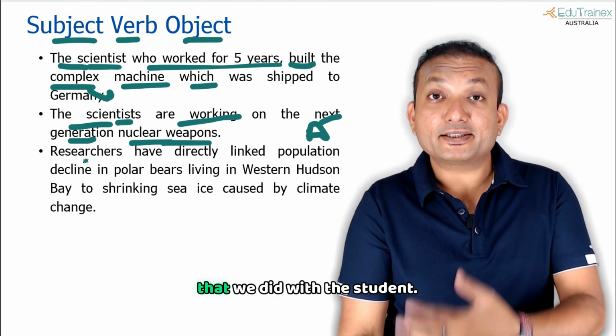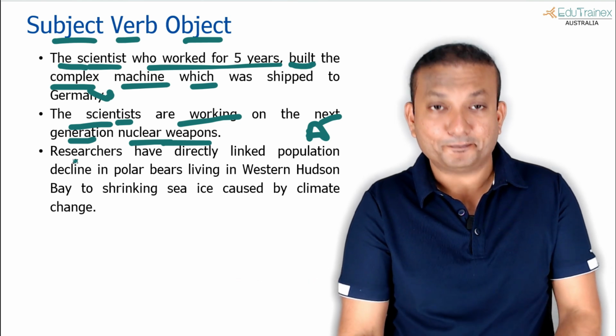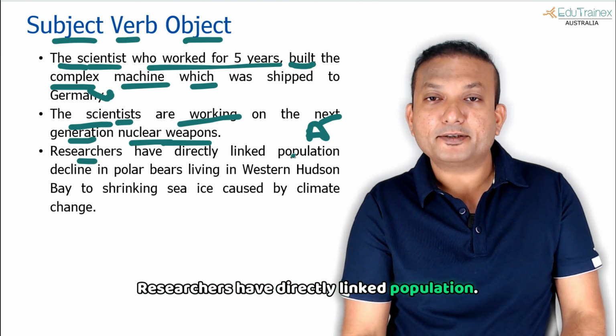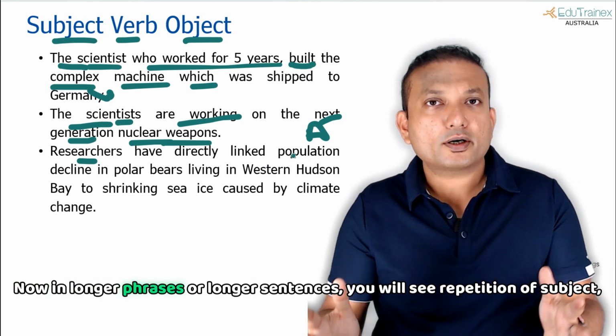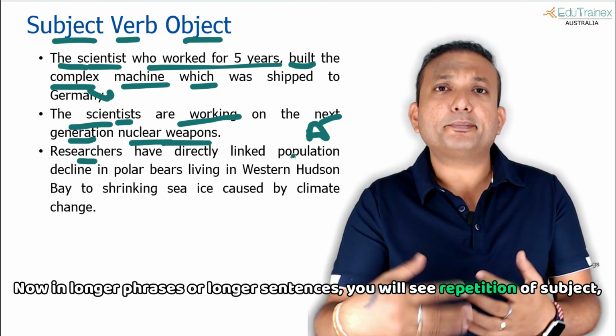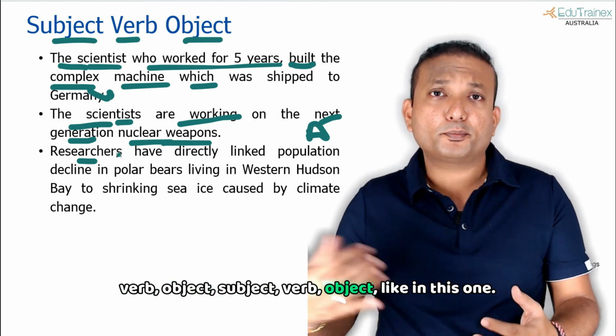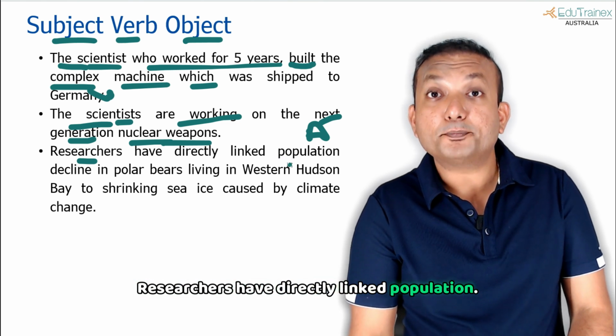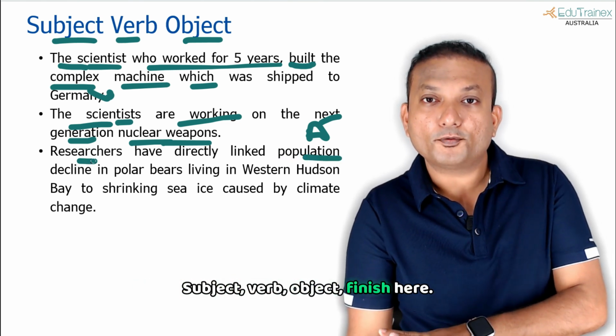And this is the same sentence that we did with the student. So let's examine that as well. Researchers have directly linked population. Now in longer phrases or longer sentences, you will see repetition of subject, verb, object, like in this one. Researchers have directly linked population. Subject, verb, object, finish here.